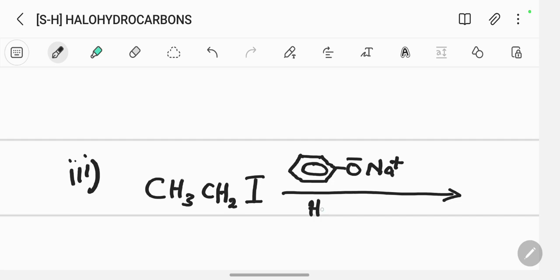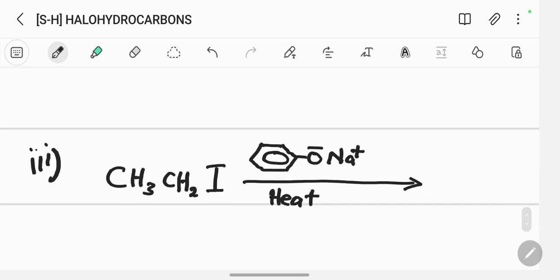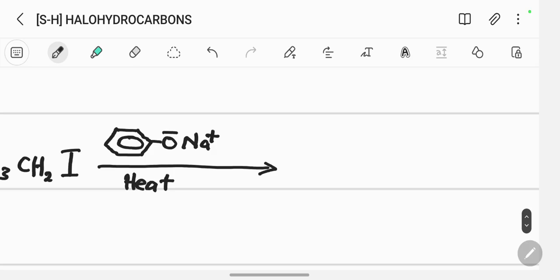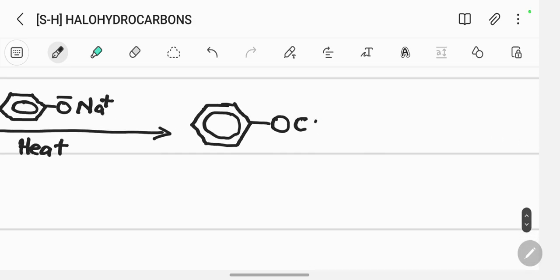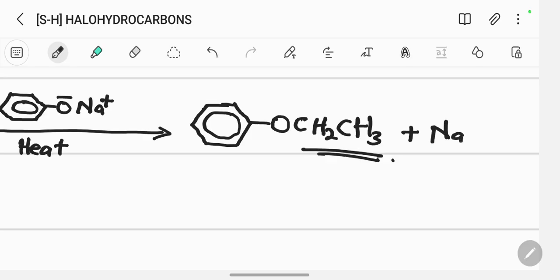And heat, what do you say? You have to write the products as your benzene ring and oxygen there. Then I'm going to add this, since I'm aiming at forming an ether. Then sodium ends up reacting with iodine, forming sodium iodide.